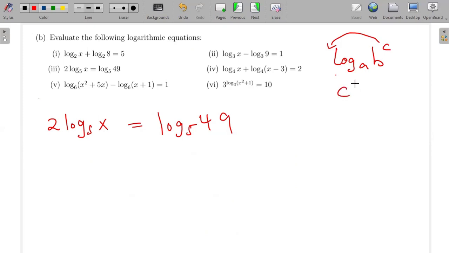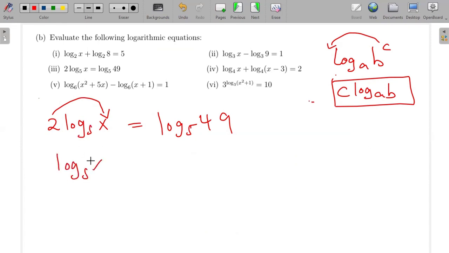So this becomes c log base a of b. So on this part here, I'm going to raise this 2 so that it becomes a power there. I can also drop it using this law. So this one becomes log base 5 x squared is equal to log base 5 49.